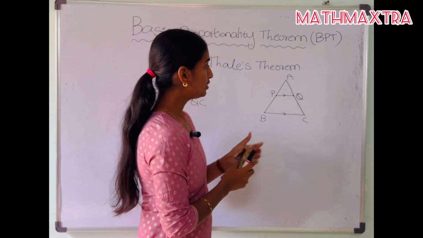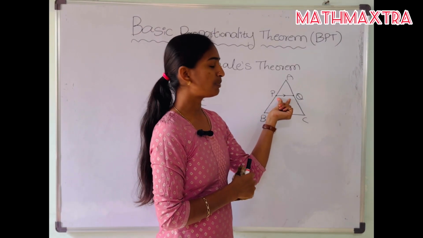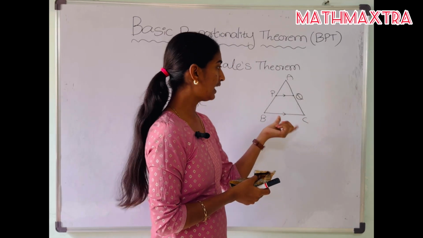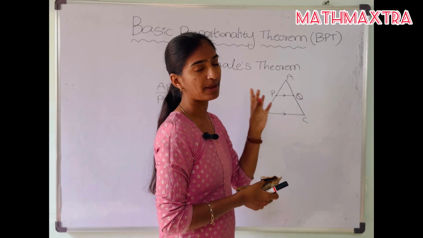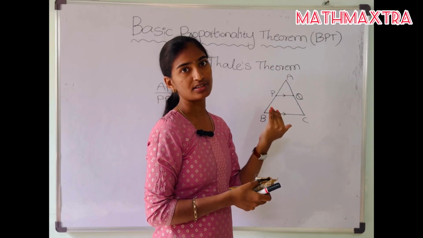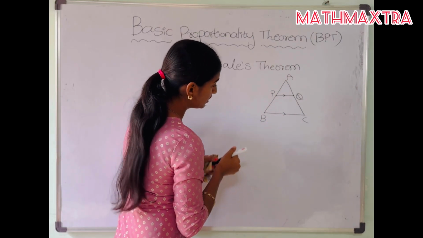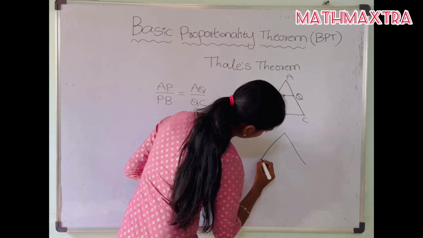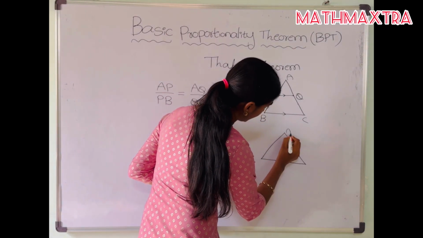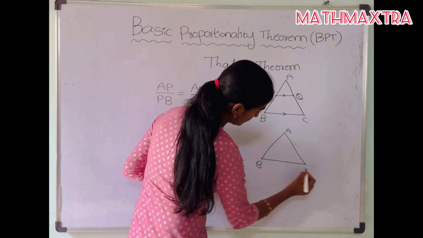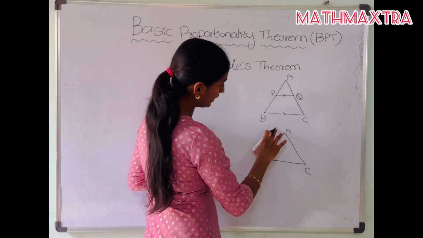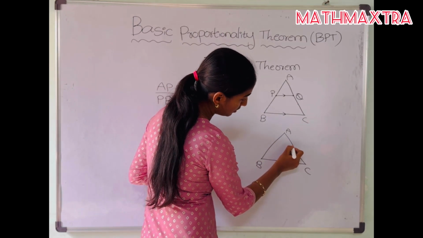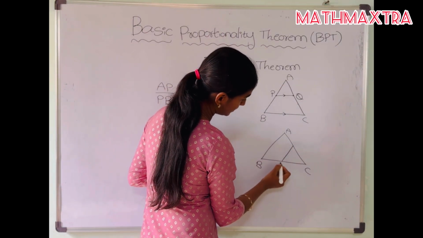Do we need to consider that this line is always parallel to BC only? No need, right? We can take a parallel line to the other sides also. Now I am taking a line PQ parallel to the side AB.